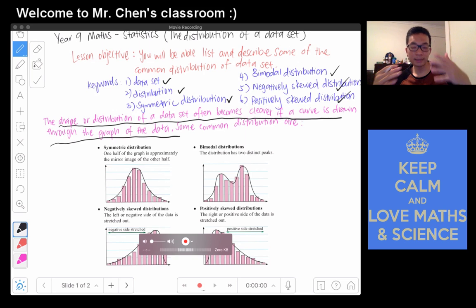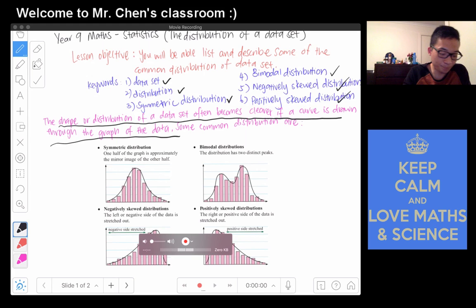When you organize and put them on the graph, you will see a pattern. The patterns become clearer when you draw a curve at the top, following the data. So there are actually quite a few common distributions.